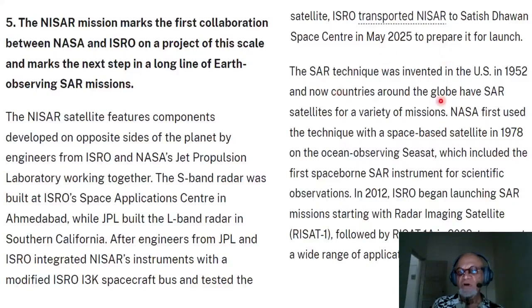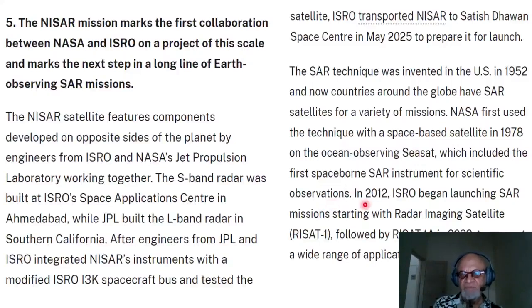The SAR technique was invented in the US in 1952, and now countries around the globe have SAR satellites for a variety of missions. NASA first used the technique with a space-based satellite in 1978 on the ocean-observing Seasat, which monitored sea levels and included the first space-borne SAR instrument for scientific observation. Seasat measures sea state, the height of the waves and so on, and then it's processed to derive sea level as well.